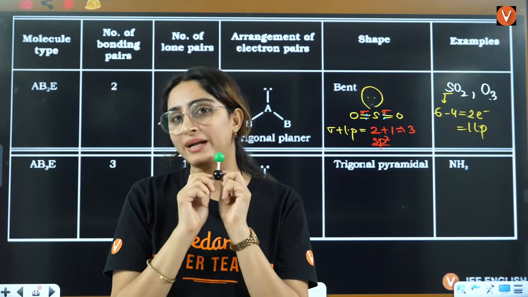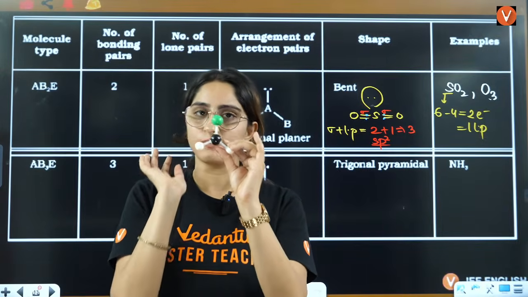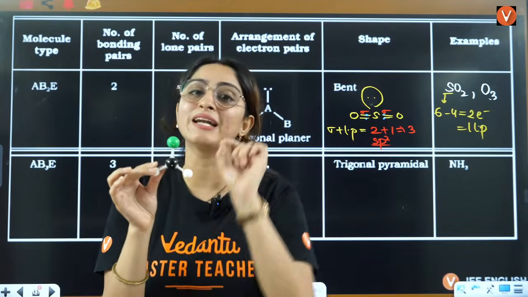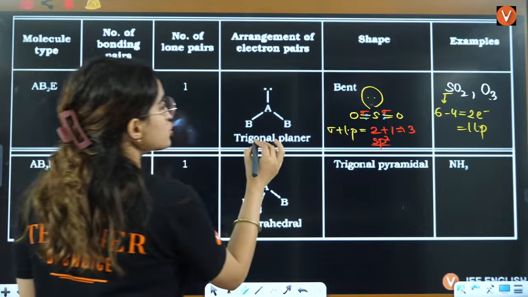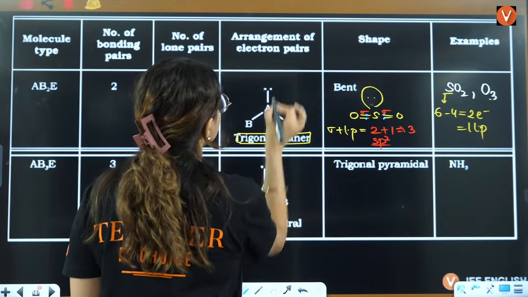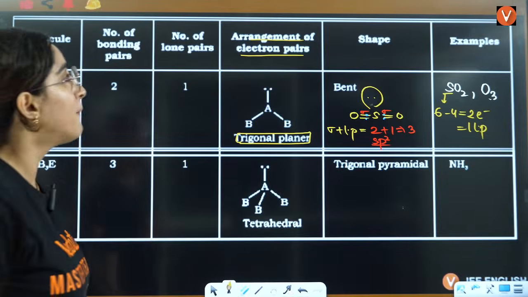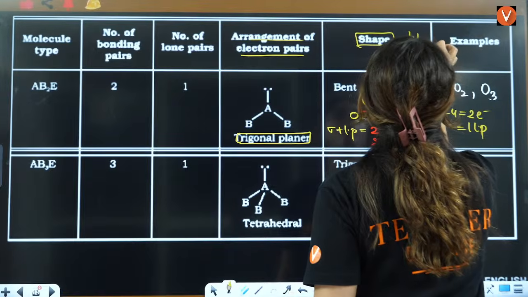When I see the geometry, I'll say this is double bond O, this is a lone pair, right? Now I say this is a trigonal planar geometry. Geometry, arrangement of electron pair is trigonal planar. But in case of shape, I only consider the bond pair.